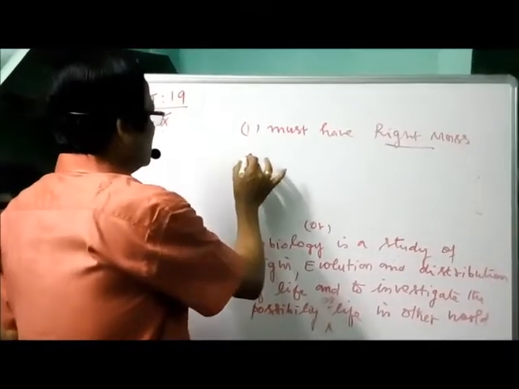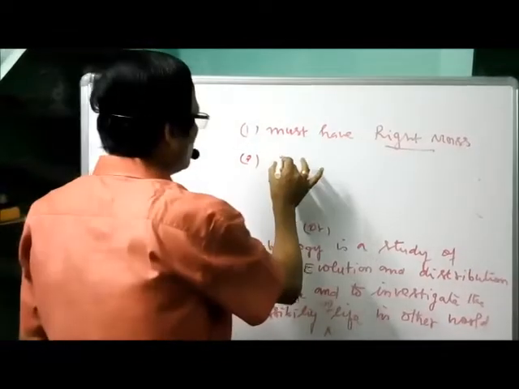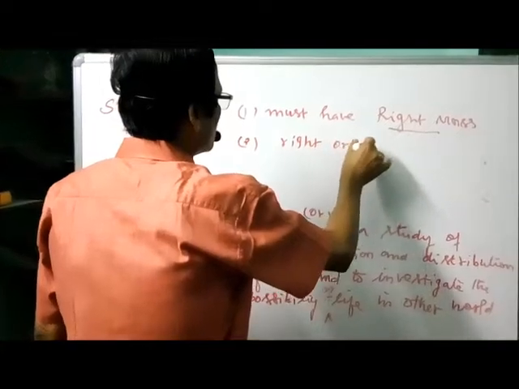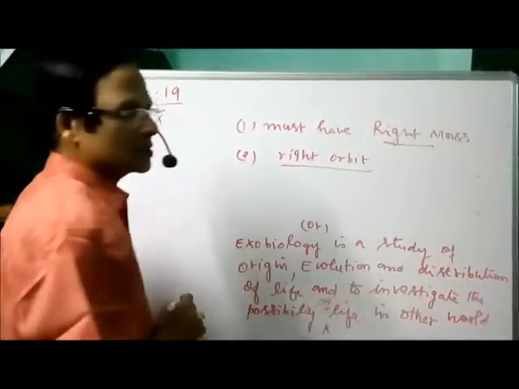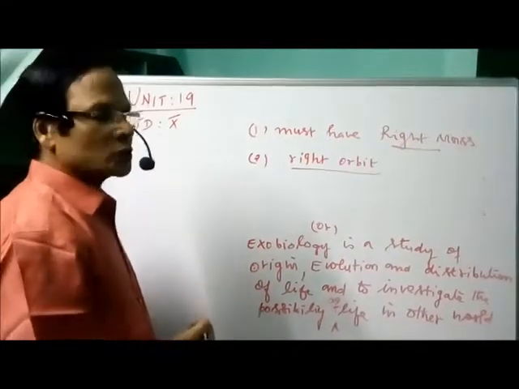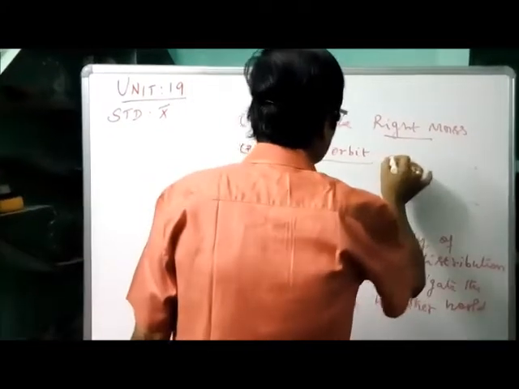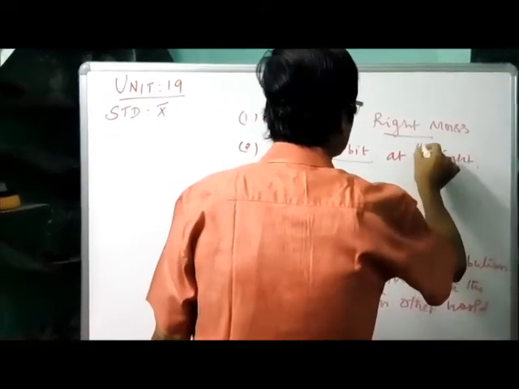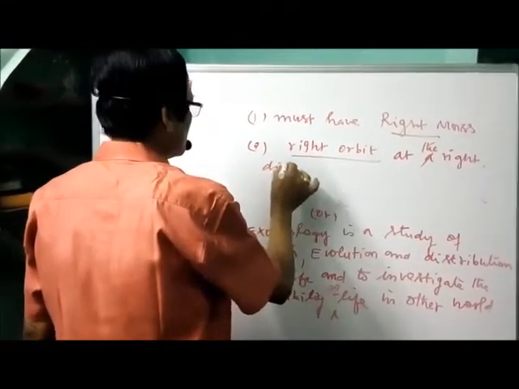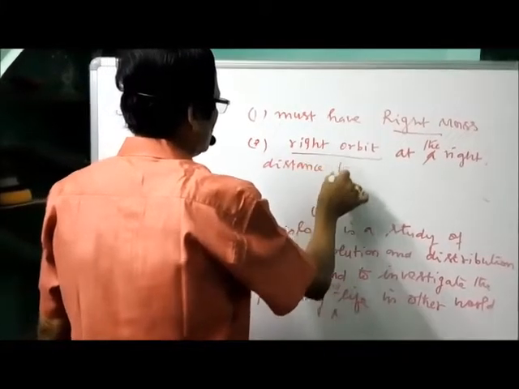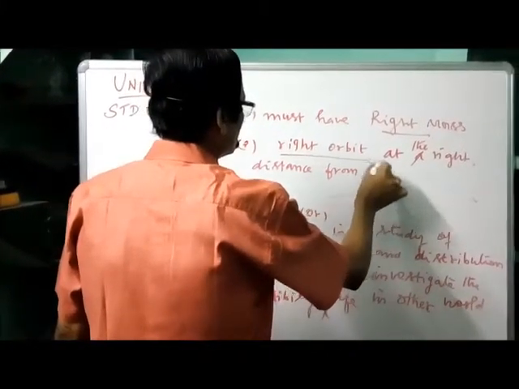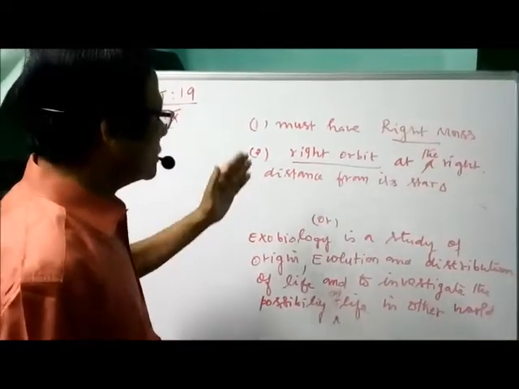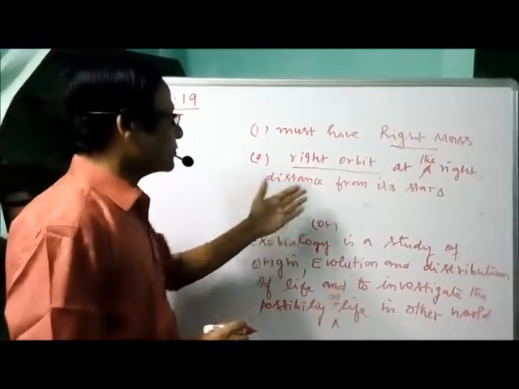Another one, the planet must have the right orbit, at the right distance from its star.